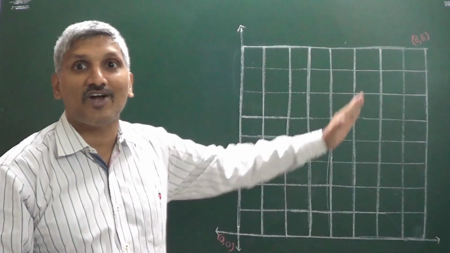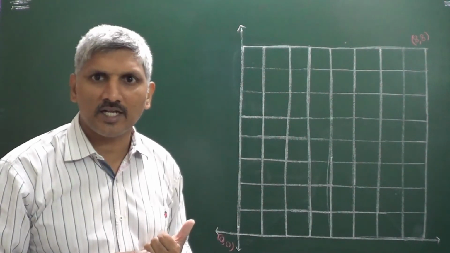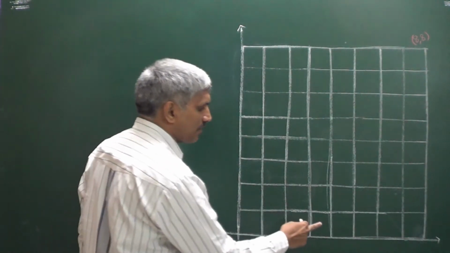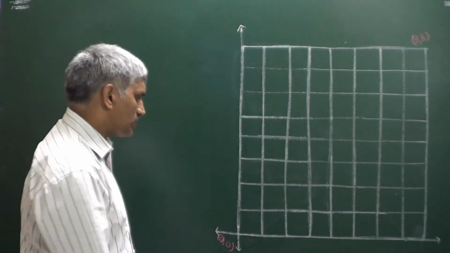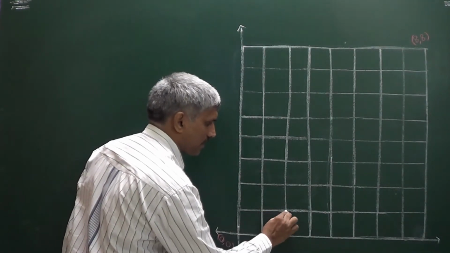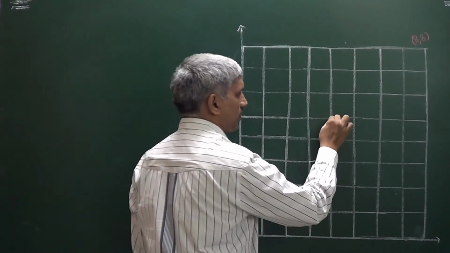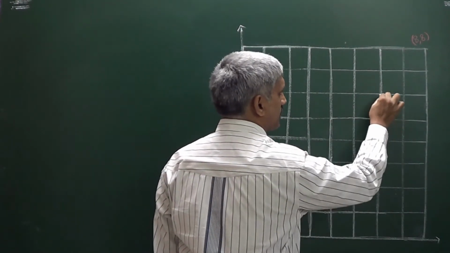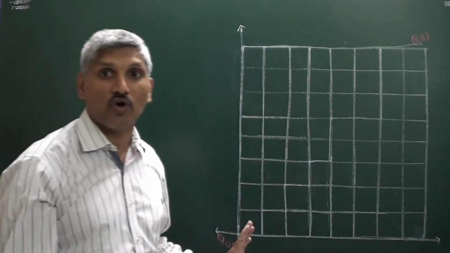He can't travel along the diagonal, as there is no road along the diagonal. That's why you can observe here, vertical, horizontal, vertical, horizontal, vertical, horizontal, vertical, vertical, horizontal, like that also you can go.